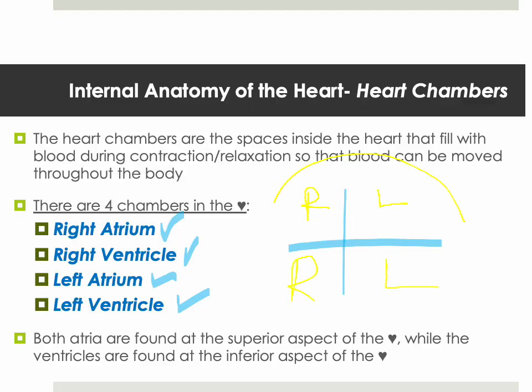So in between these guys, there are gonna be valves because the blood has to flow from the atria to the ventricles, right? So we have a left atrioventricular valve and a right atrioventricular valve. A tricuspid valve because it has 3 pieces, and a mitral or bicuspid because it has 2, right?